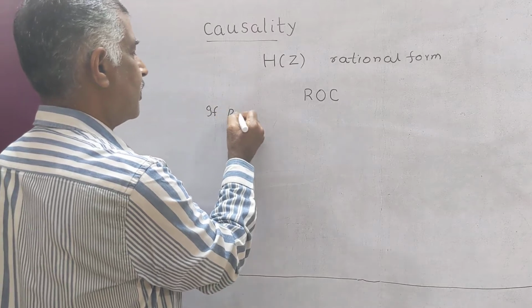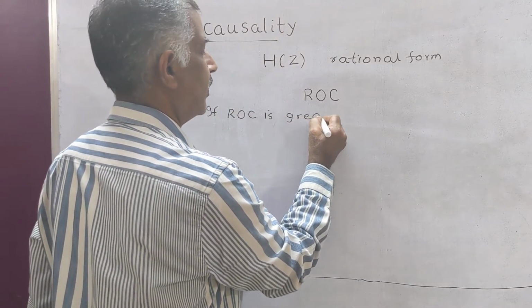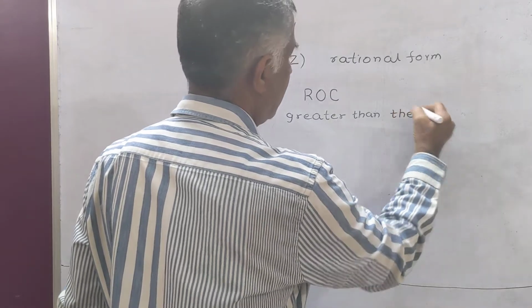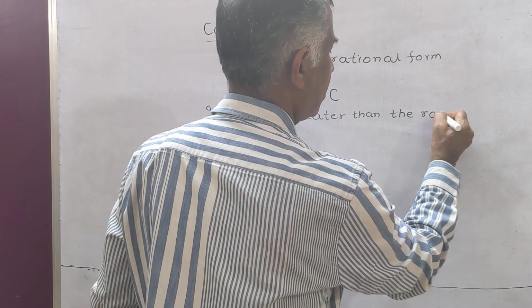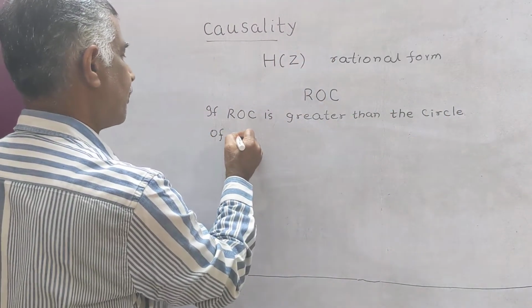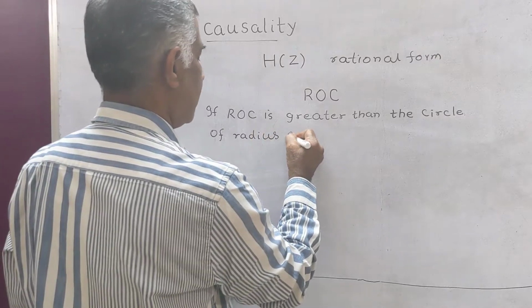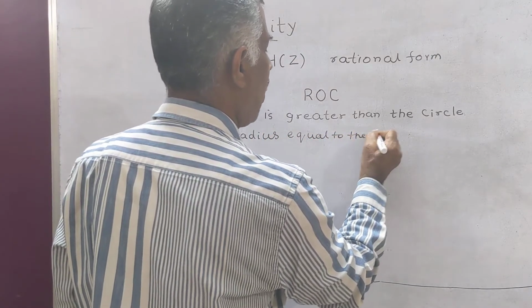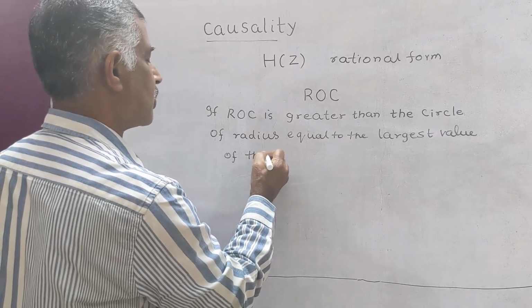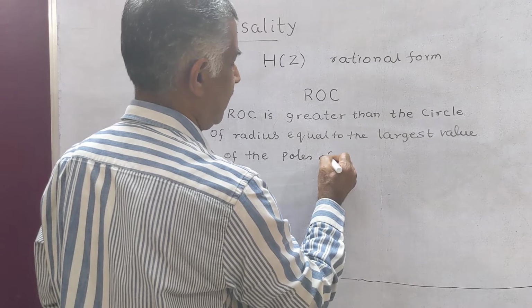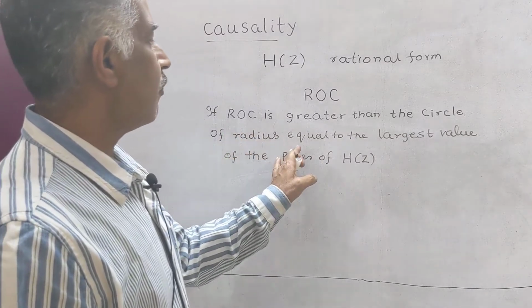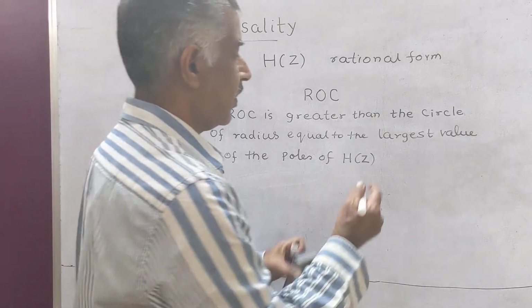If the ROC is greater than the circle of radius equal to the largest value of the poles of H(z), then the system is said to be causal.